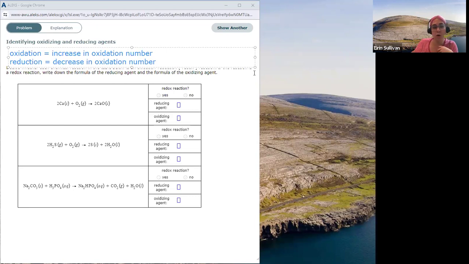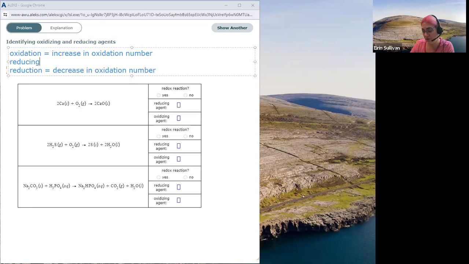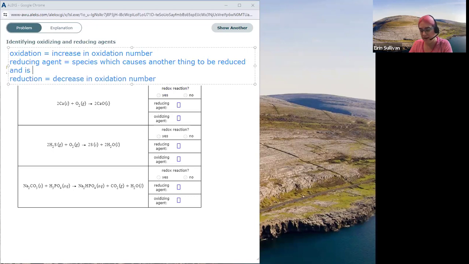So if something's being oxidized, it is often referred to as the reducing agent. That is the species which causes another thing to be reduced and is itself oxidized.